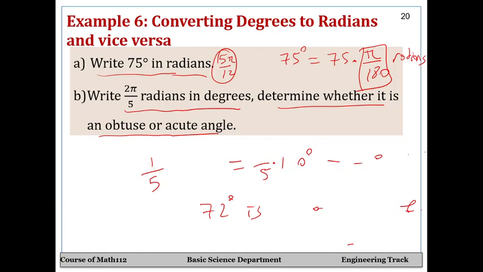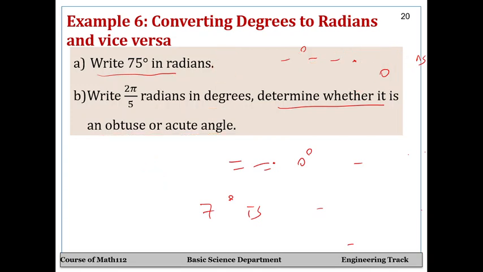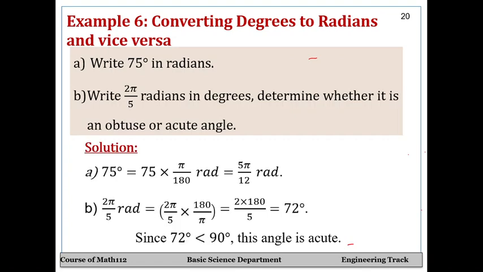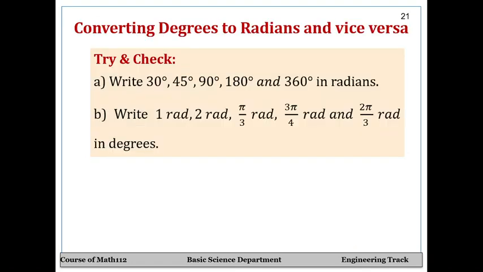Okay, let's see how it is solved in the slide. Now, it says convert degrees to radians and vice versa, and write 30, 45, 90, 180, and 360 degrees in radians.